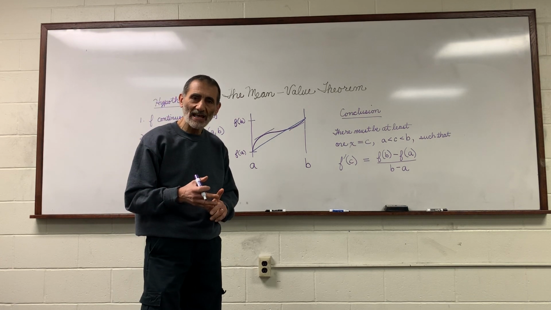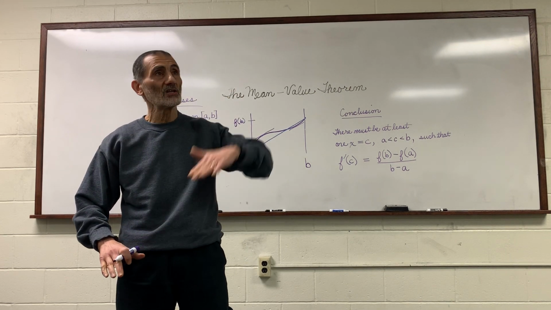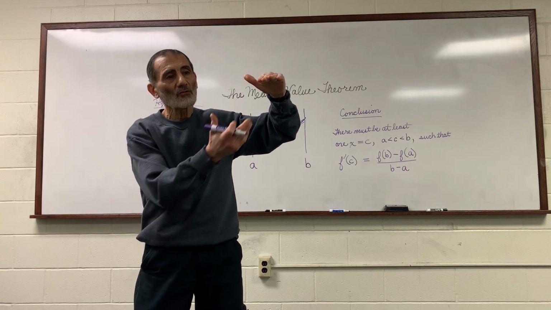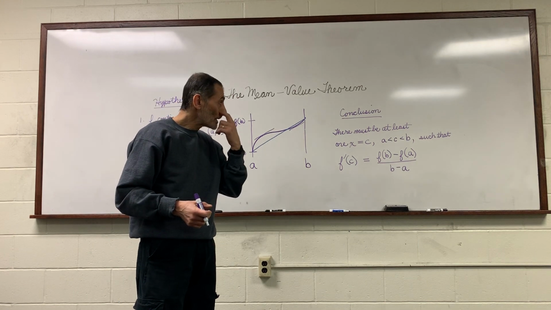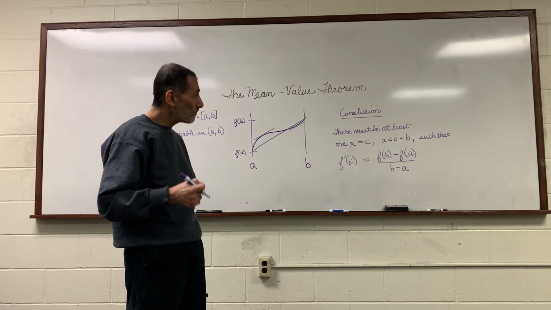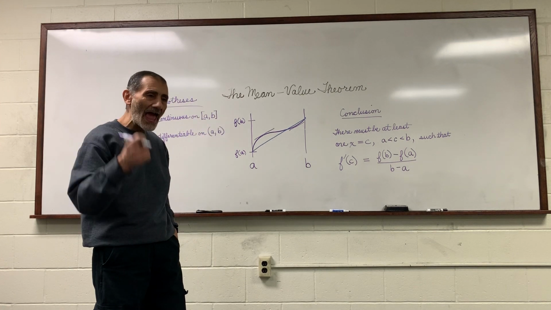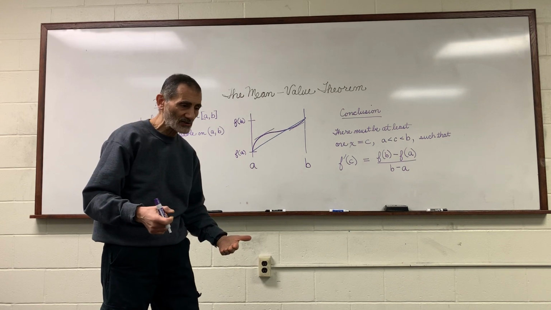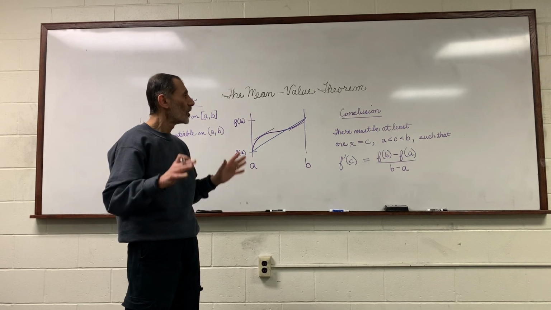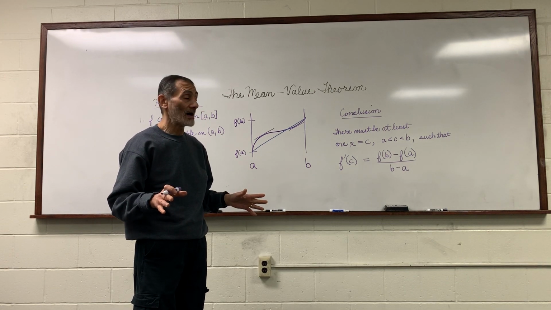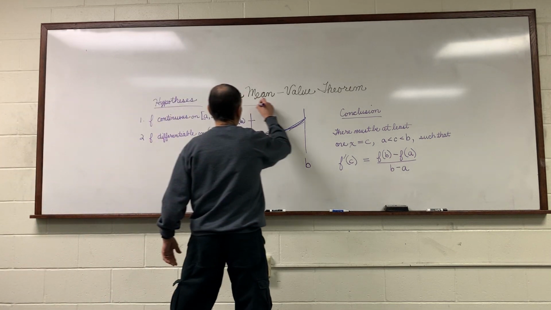Now, since position and speed are continuous and differentiable functions, you cannot go from one speed to a much faster speed without going through all of the speeds in between. Then there must be some point at which you are traveling at exactly 40 miles per hour. You cannot average 40 miles per hour if you're always traveling slower or always traveling faster. There must be some point or points during the trip where you are traveling at exactly 40 miles per hour. Okay? That's just a real-world example of the mean value theorem.